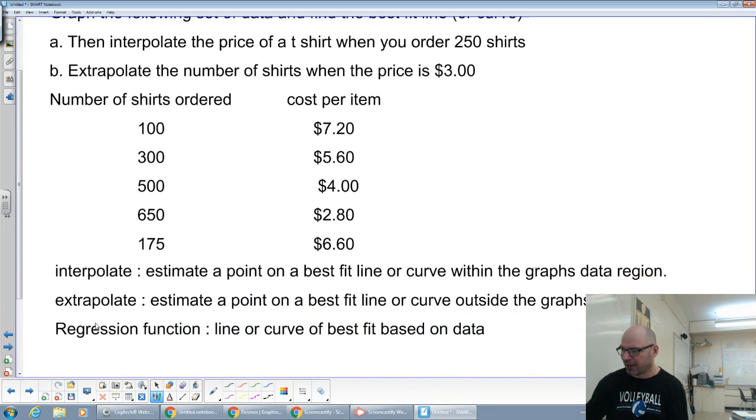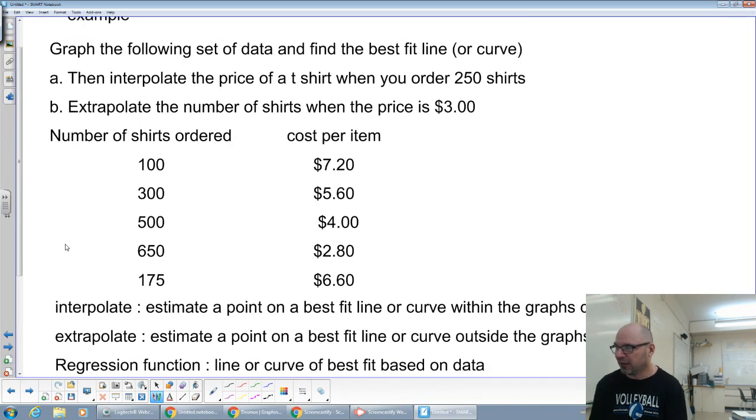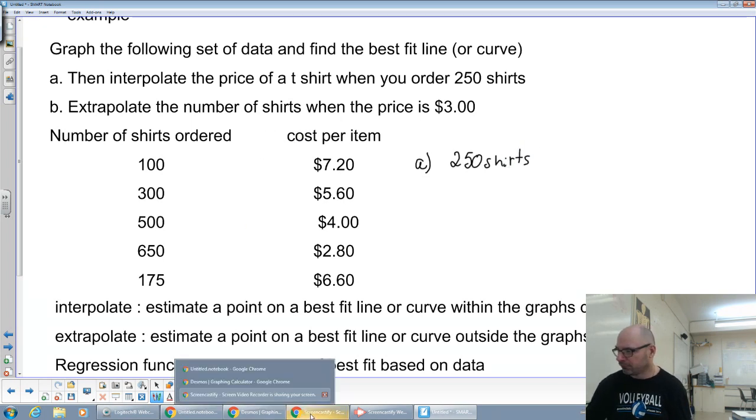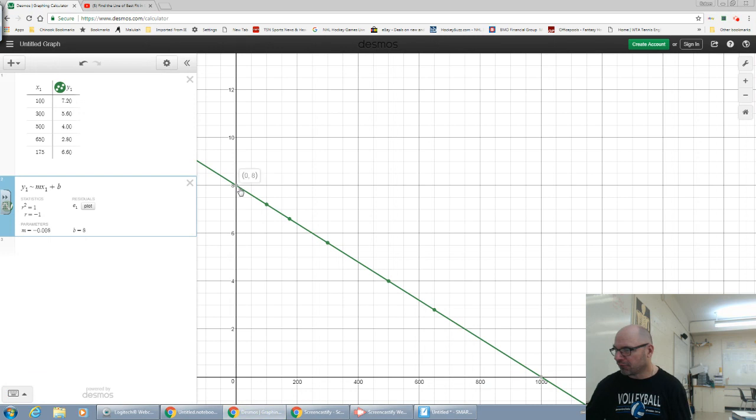So now what we had here for this question is for A, when we did 250 shirts, if we look at our Desmos, wrong one, sorry guys. Okay, 250 shirts.